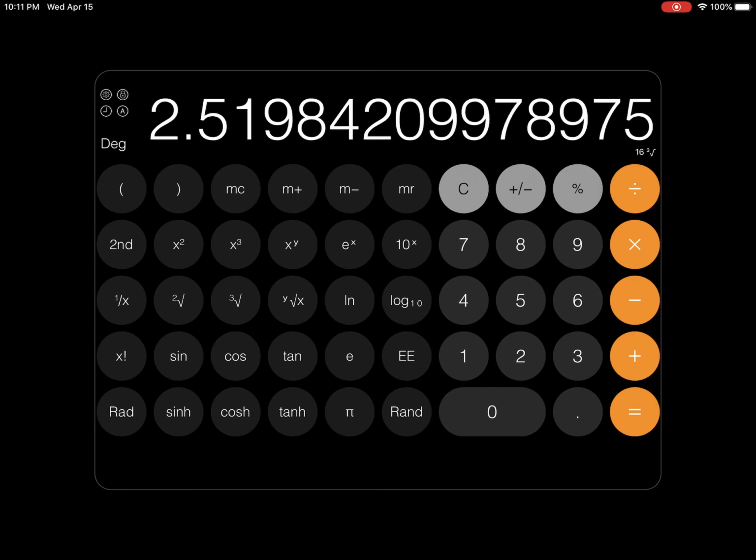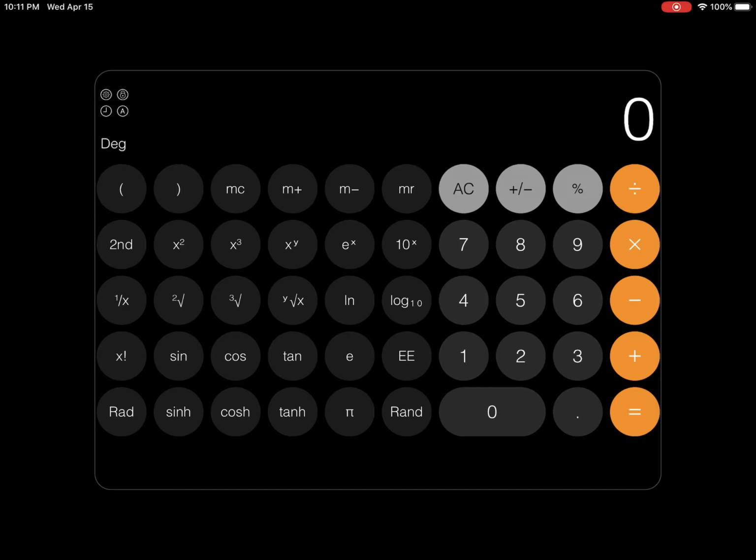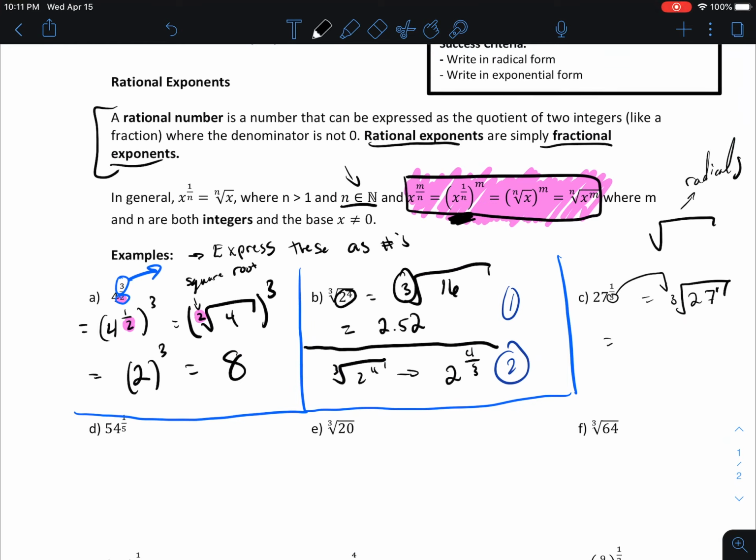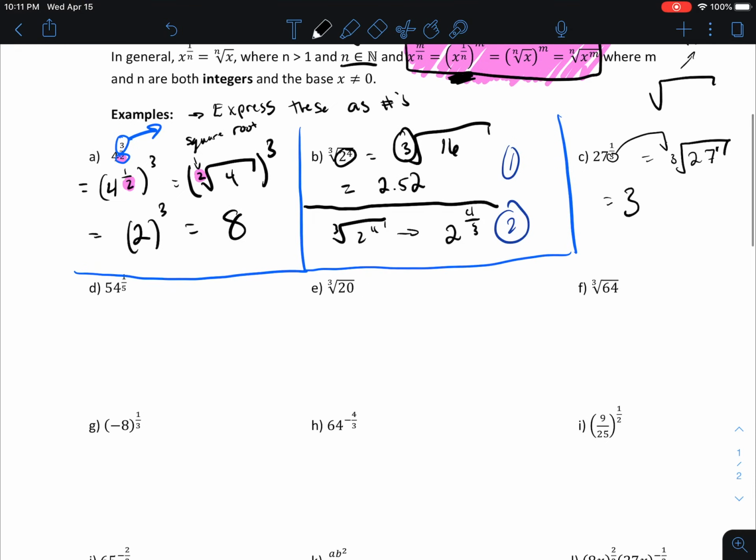So it's a cubed root of 27, which you should know as being, well, we can type it in, but you can always ask yourself, well, 3 times 3 times 3 should be 27. So the cubed root of 27 will be 3, right? We'll check that. We type in 27 and then hit cubed root. 3. Okay, so that's equal to 3.